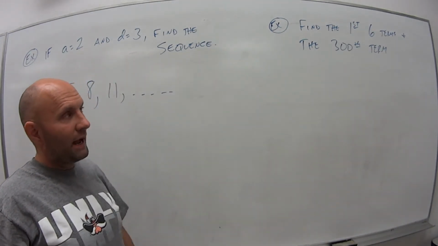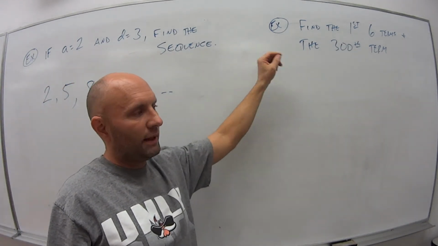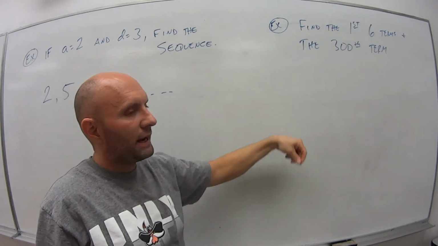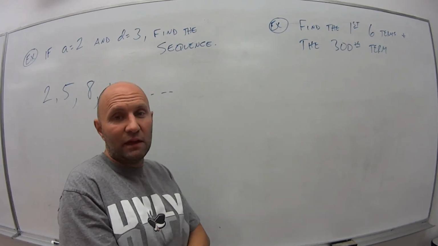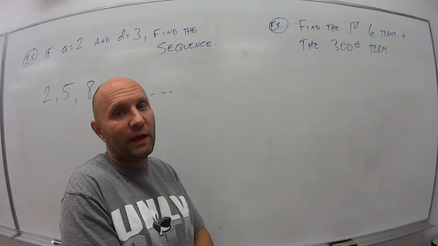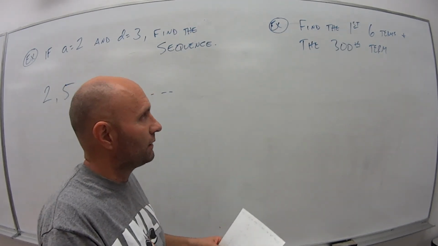I'm going to tell you right now, a question like this has been on the final exam, and people will actually sit there, because they forget the formula, trying to write out 300 terms so they can figure out what the answer is. If you have plenty of time, that's great. Unfortunately, you just don't have that kind of time on the final exam. So you need to know that formula.